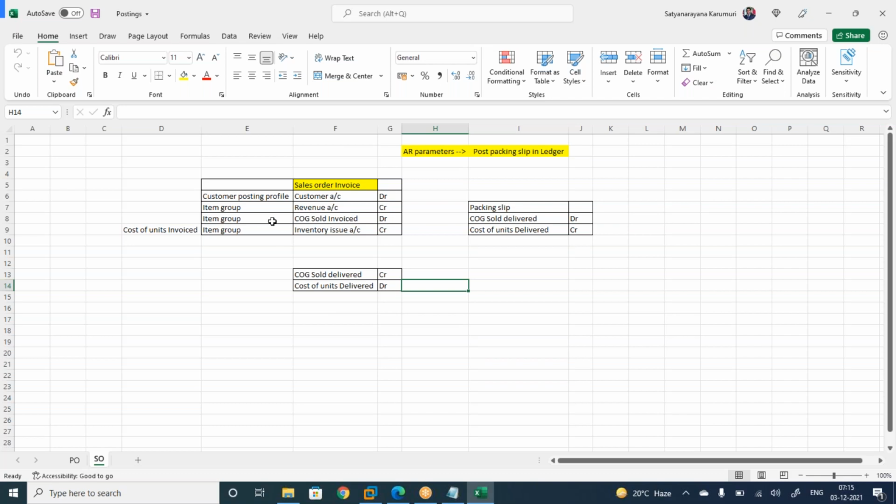In the same manner, for sales order invoice: customer account debit to revenue account credit. Suppose the sales price is 400 and the cost price is 250.